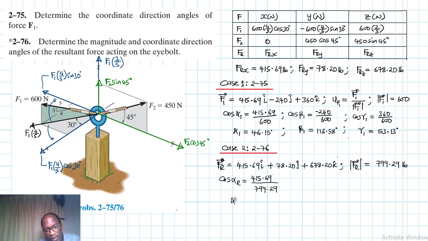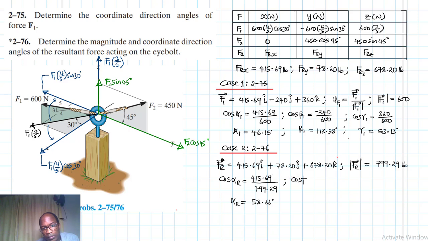Therefore, alpha r is just going to be equal to cos inverse of 415.69 divided by 799.29, this gives us 58.66 degrees.